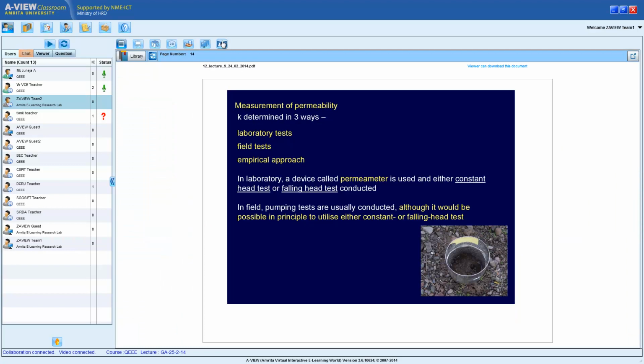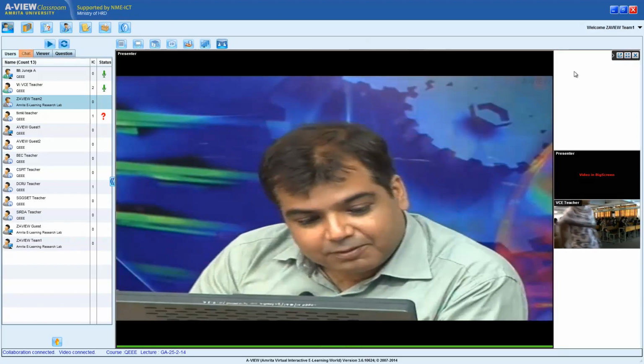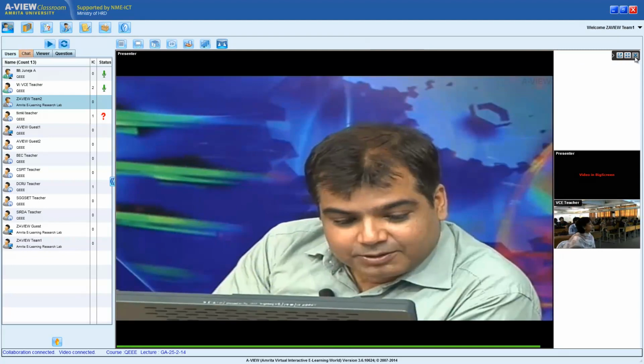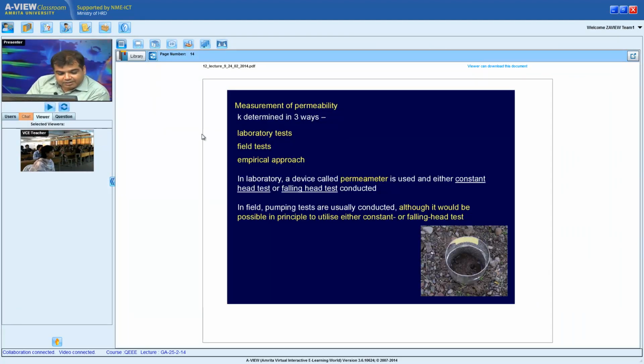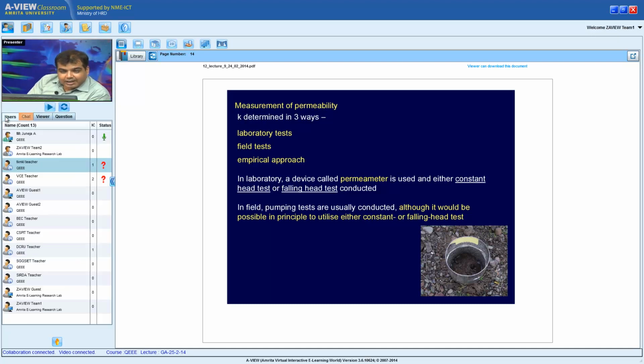Let me just continue with the question of VCE teacher. The comment is that if void ratio is related to degree of saturation in the soil above the capillary saturated soil, if degree of saturation is 0, your void ratio would become infinity. That is incorrect because your water content also would not remain the same.